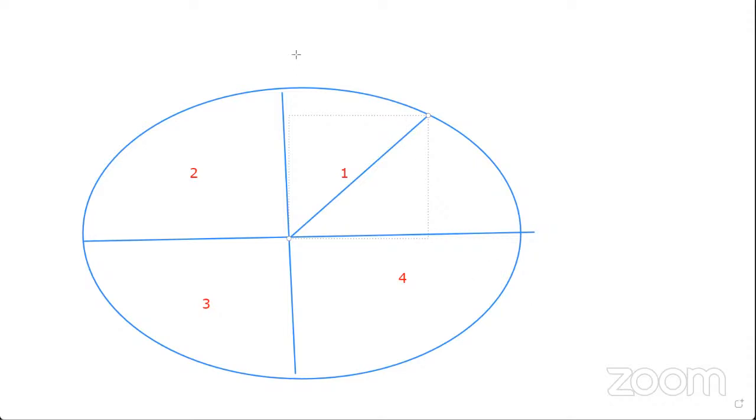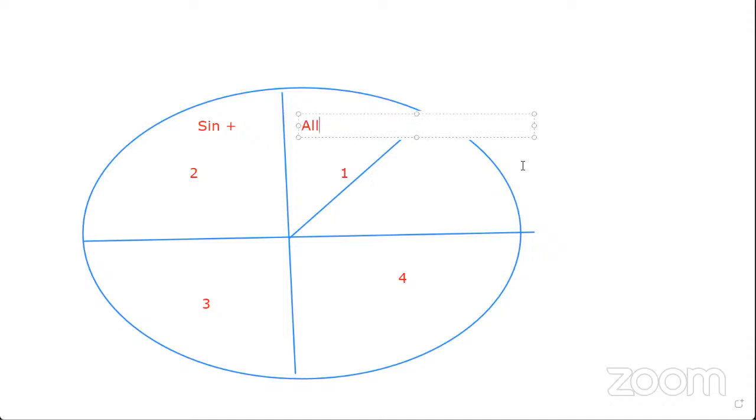And the next thing is to identify the signs of the angles. If it is located in the first quadrant, the sign is always positive; any trigonometric value will be positive.